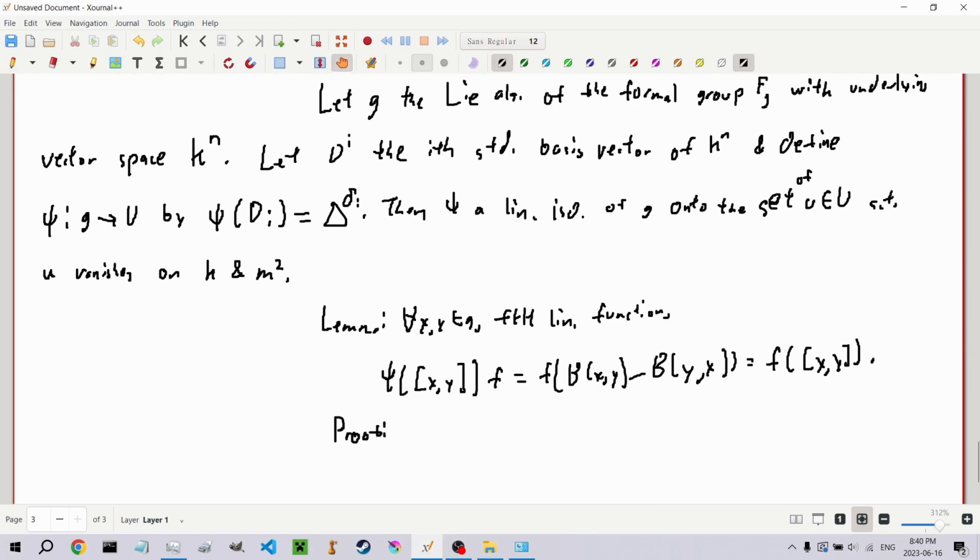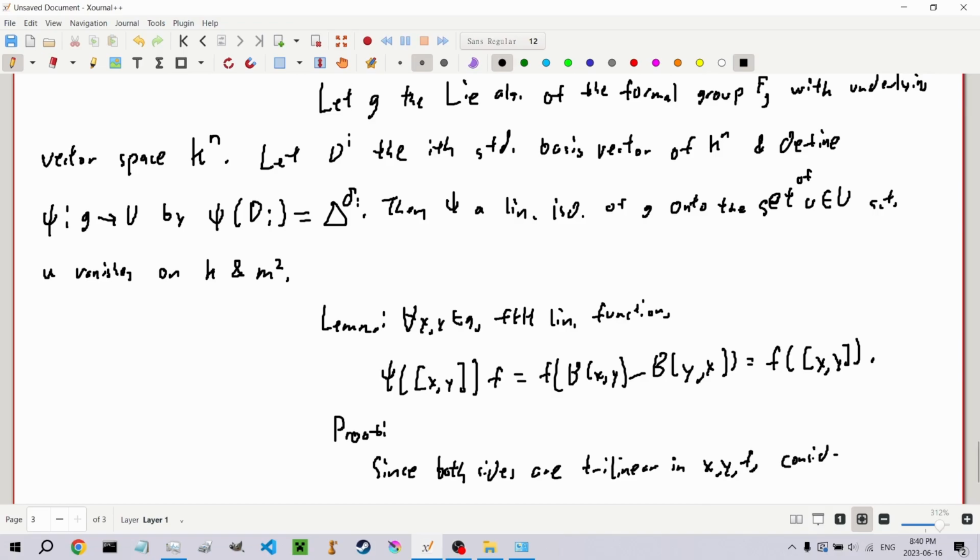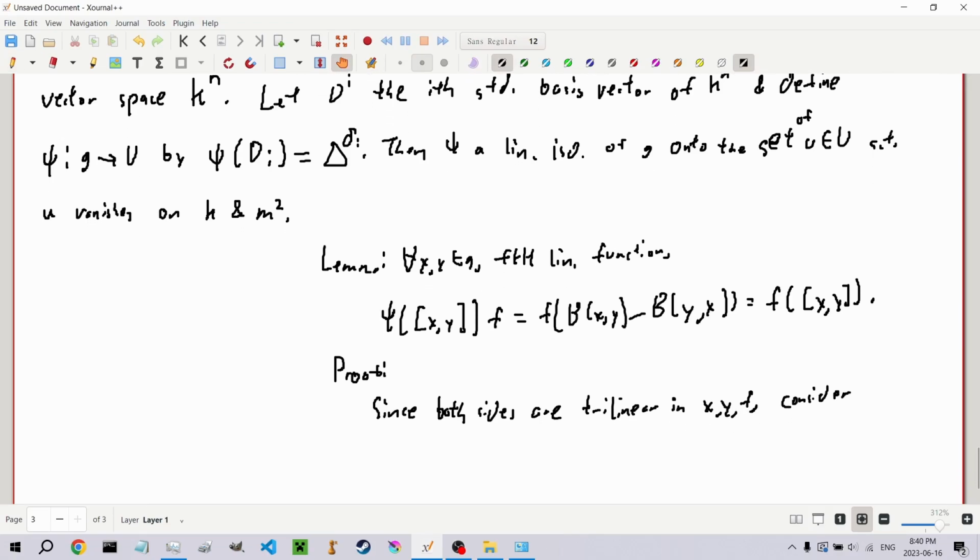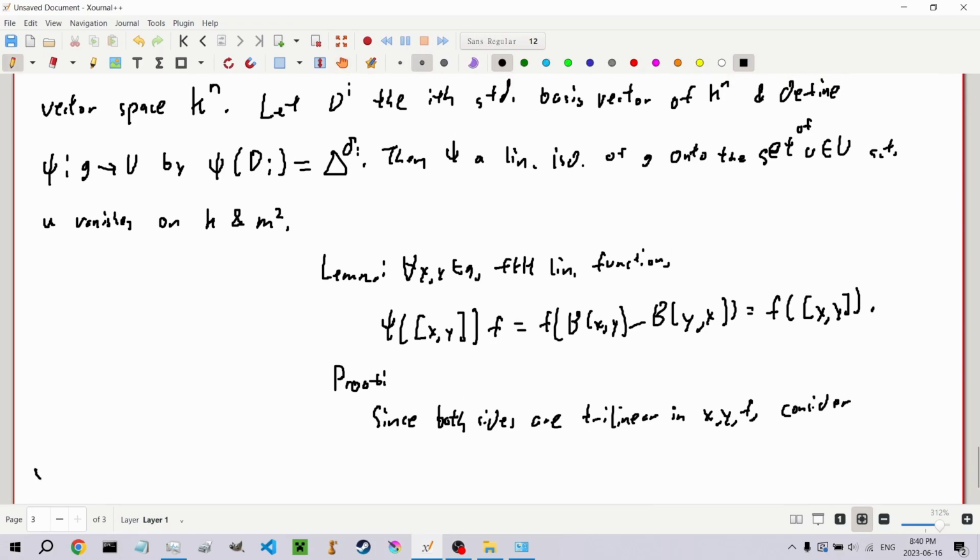And now since both sides are trilinear in x, y, and f, we can reduce down to a case where we have everything being a basis element. So x is di, y is dj, f being x of k.